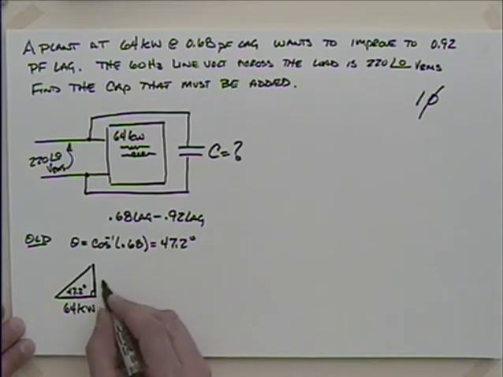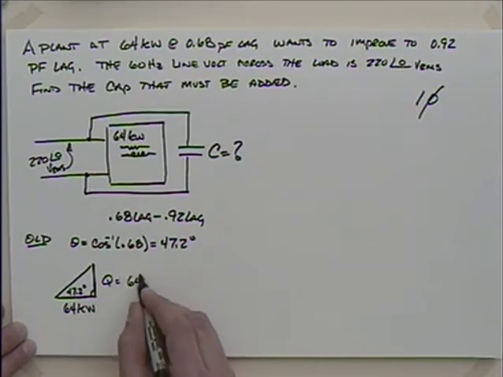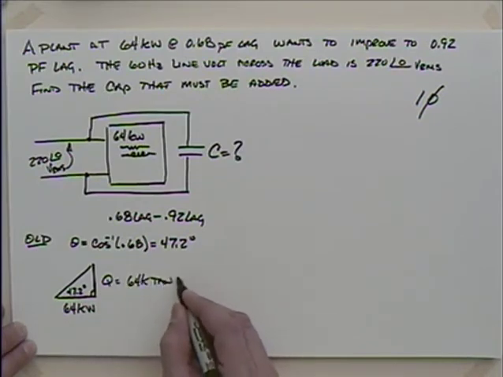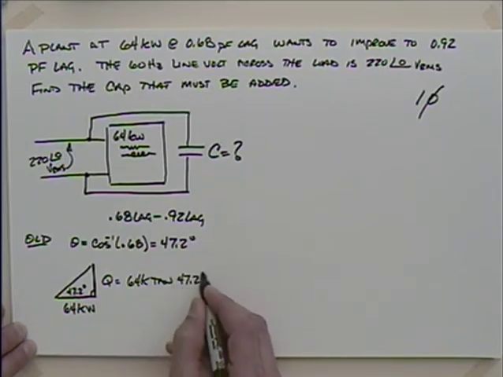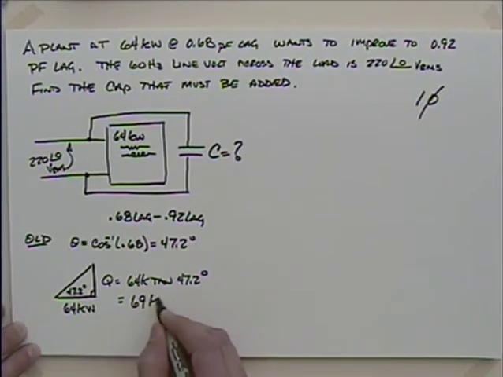Okay. So what's Q going to be on this thing? 64K times the tangent of 47.2 degrees. You can keep that all in your calculator. You'll come up with 69 kVars, right?